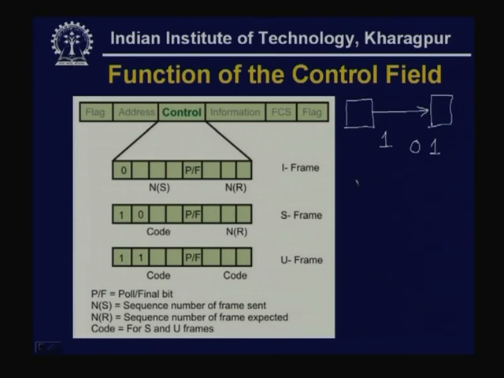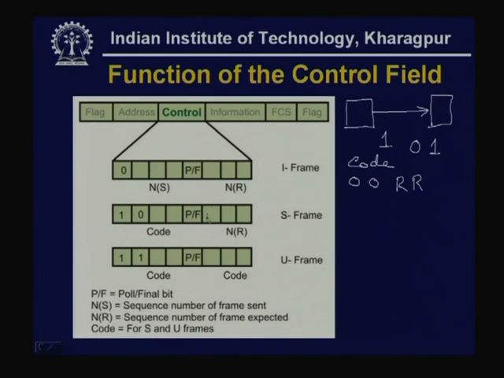For example, when the code is 00, this stands for RR, that means receive ready. That means receive ready is essentially whenever the receiver is sending an acknowledgement which is provided as part of NR.